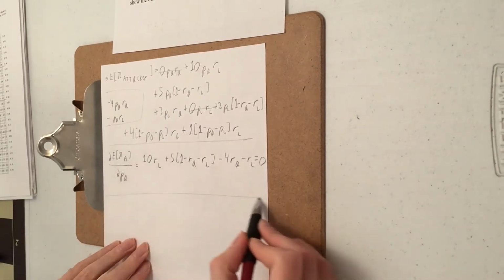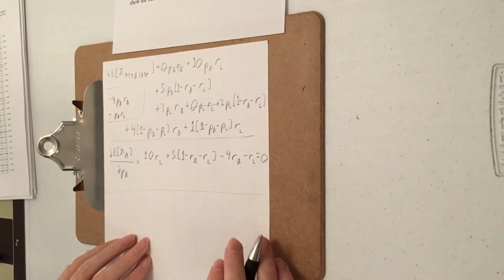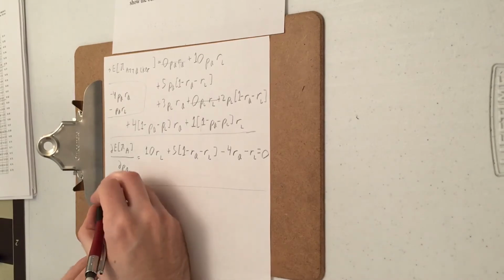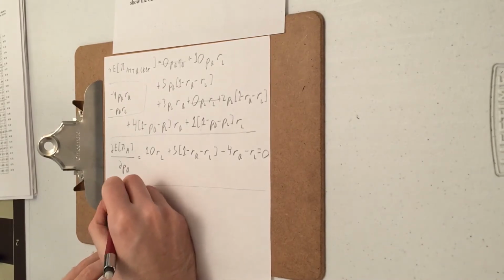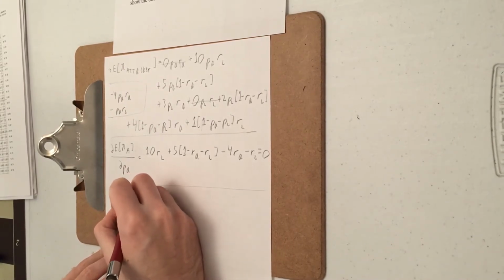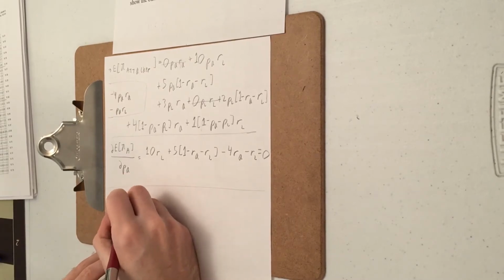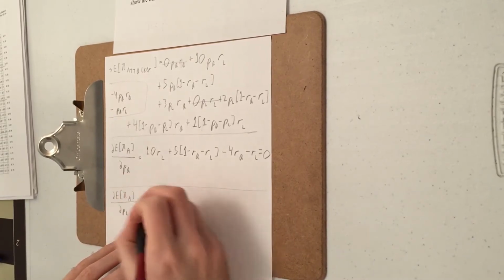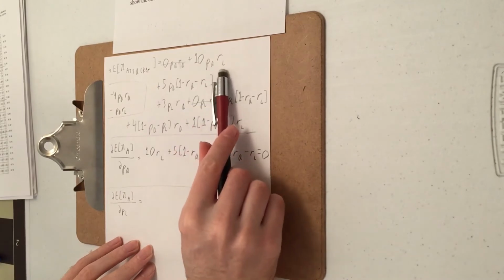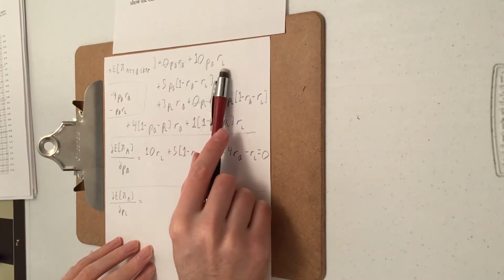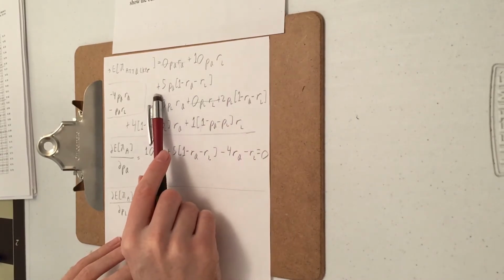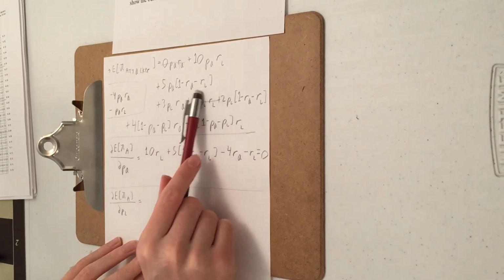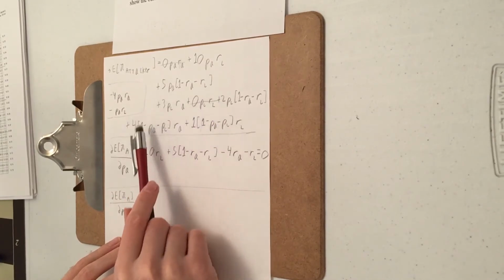Next step, let's take our partial derivative with respect to PL. There's no PL over here, so that one just goes away. No PL over here either, so that one also goes away.